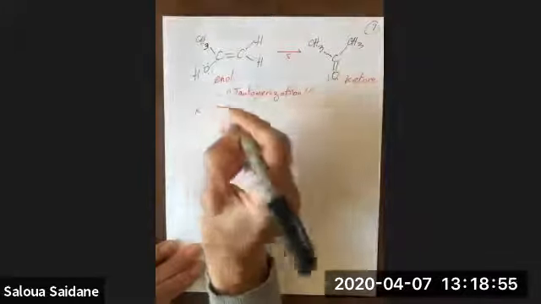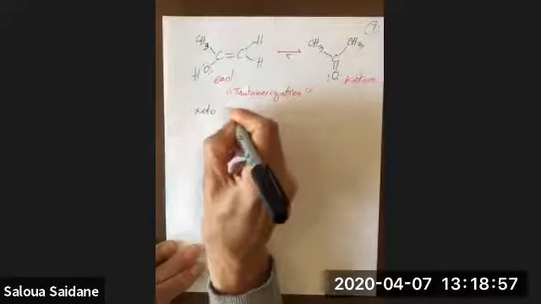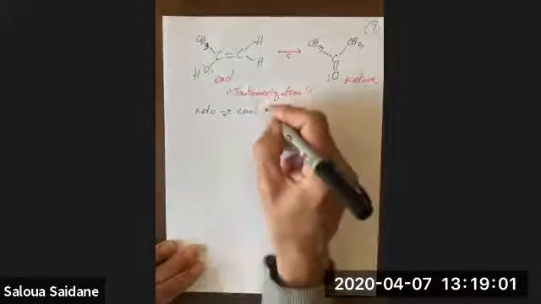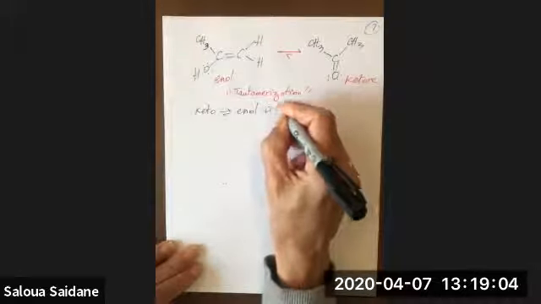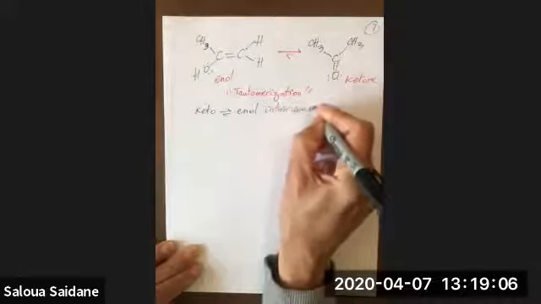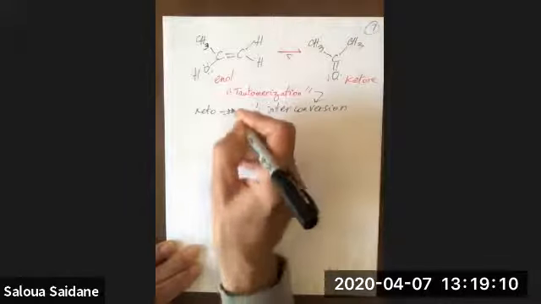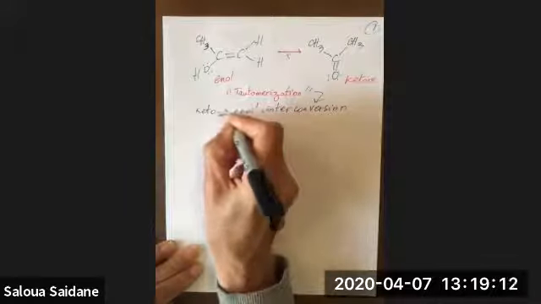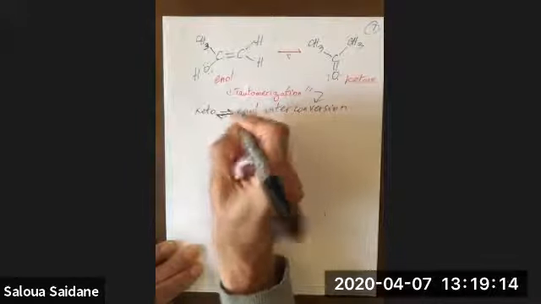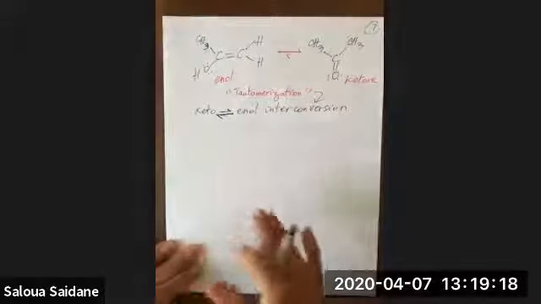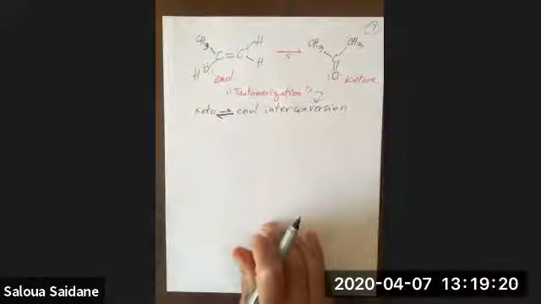So every time you have keto-enol interconversion, that's what tautomerization means. And I should put a bigger arrow towards the ketone, a shorter arrow towards the enol. So that's what happens when you add water to an alkyne.